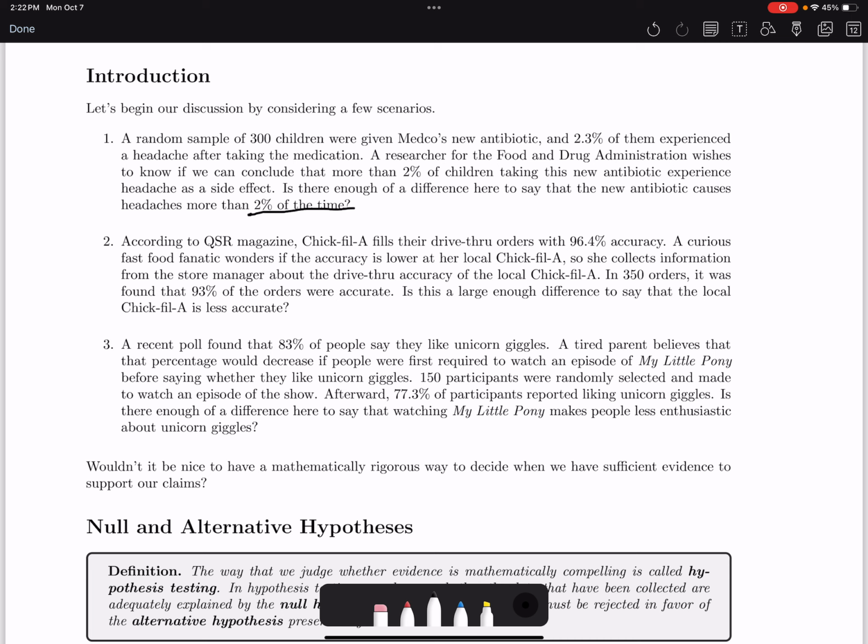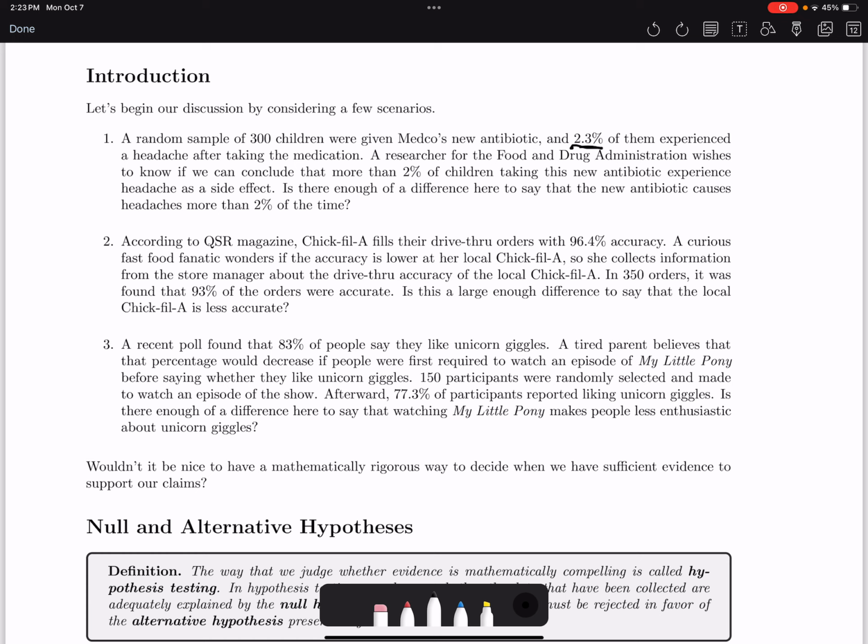And at first glance, it might seem like, well, yeah, 2.3% is more than 2%, but it's not that much more. And this 2.3% could just be due to sampling error, right? It could just be that by random chance, you happened to get a sample of people who responded poorly to the drug, or maybe they just got headaches even though it wasn't related to the antibiotic at all.